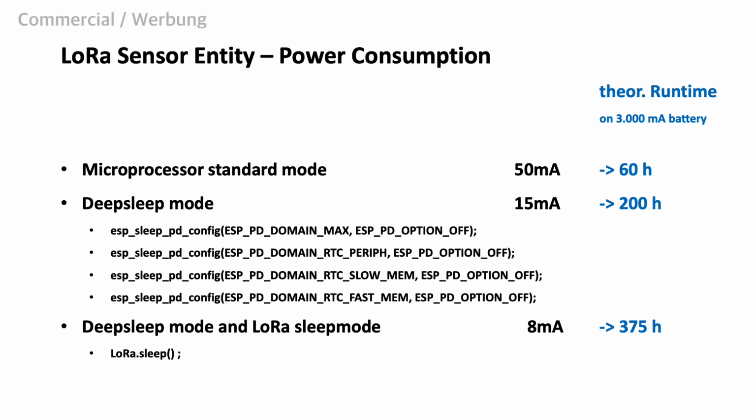Now, in reality, we can only achieve about 80% of the given runtimes for two reasons. First, the current spikes are not the friends of your battery. Together with the internal resistance of the battery, they reduce the efficiency compared to a constant discharge current.